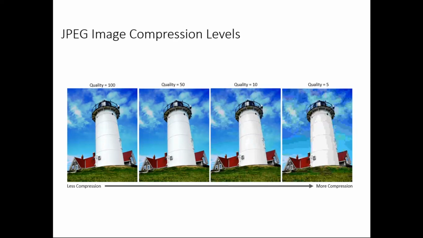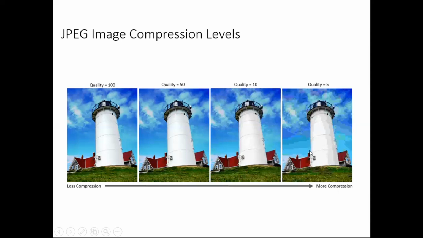See, in the first image, we can see the original image, 100% quality image. When you compress more and more the same image, we can see some distortion. See, the colors are changed, and the boundaries are very distorted.